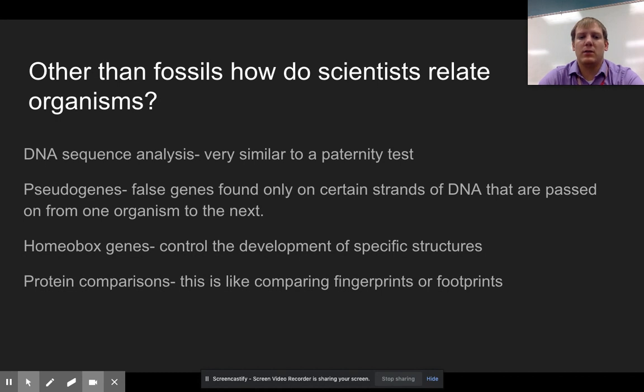That's why protein comparisons are really good, because we can say they're probably related because they fit into this category of having this protein, but we can't specifically say that is their protein, because it could be someone else's, in this case, shoe. So protein comparison is a really good aspect, but if we want to 100% identify how closely related something is, DNA sequence analysis is the best.